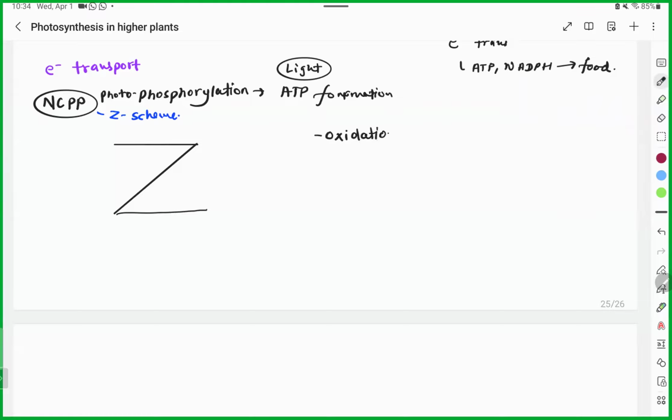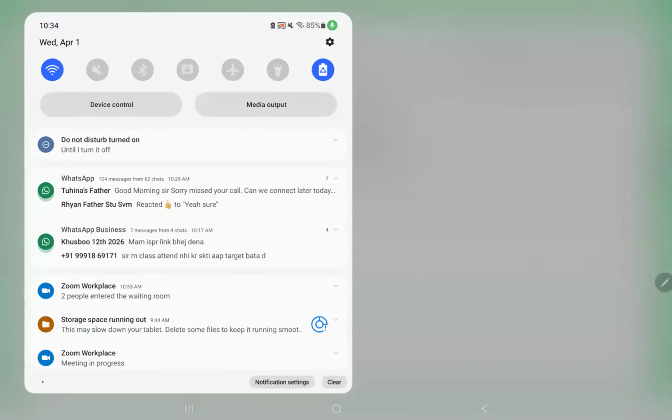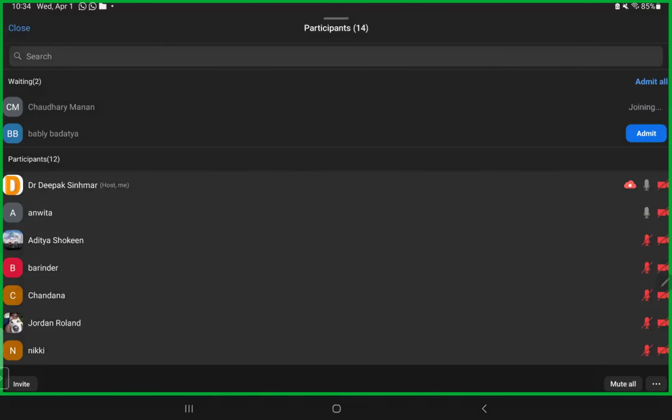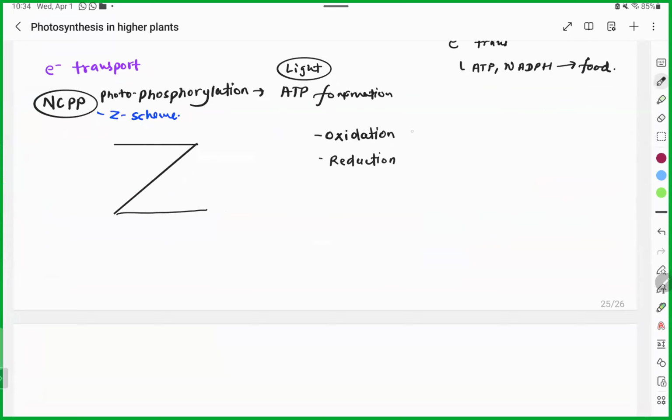So, Anvita, what is oxidation and reduction based on, the electron loss or gain? Loss of electron is oxidation, gain of electron is reduction. Correct? Okay, so just imagine you have an atom and understand the photoelectric effect.